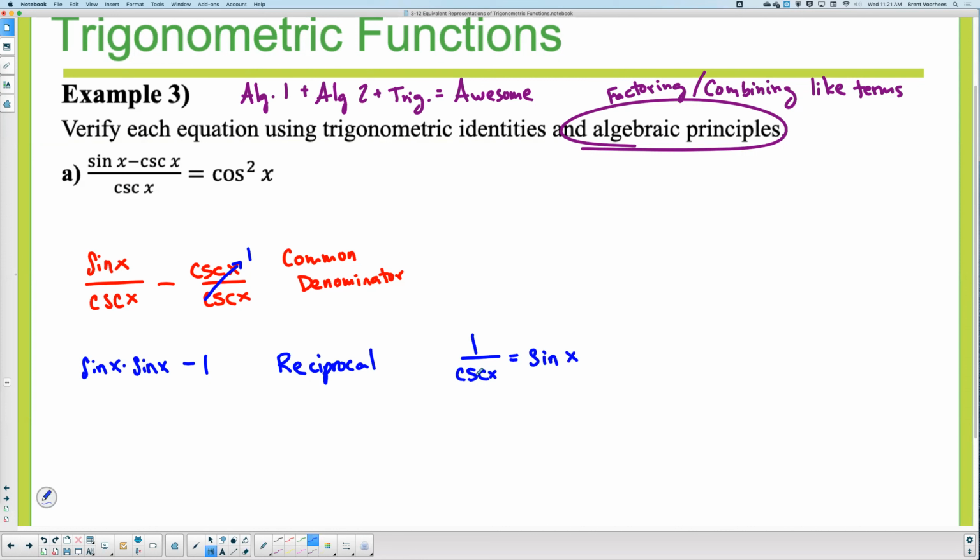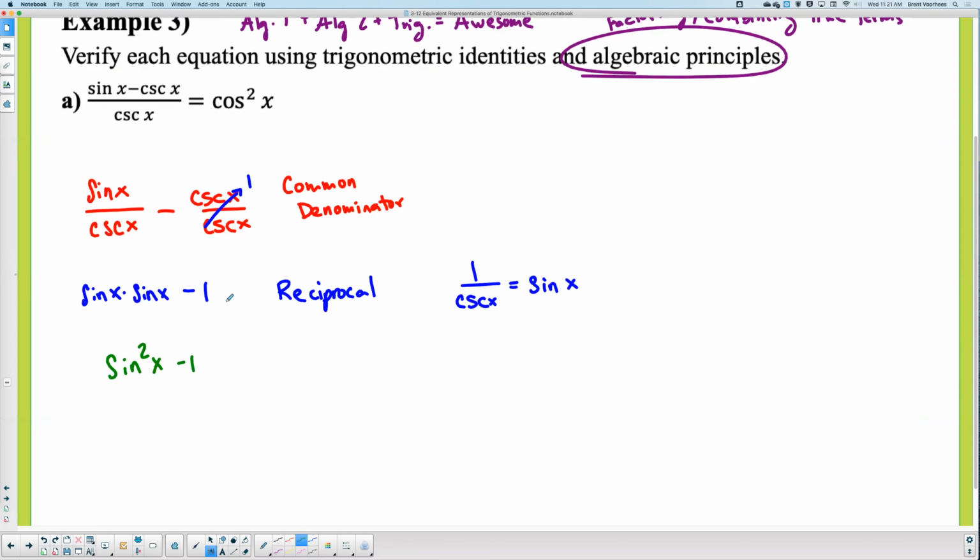But dividing by cosecant is the same thing as multiplying by a sine. Okay, so now I'm back over here. What is sine times sine? Sine squared. That is a sine squared minus 1. Now, what I'm going to say about that is equal to cosine squared, and we're done. And you don't know why, but I'm telling you that we're done. That is an identity there.